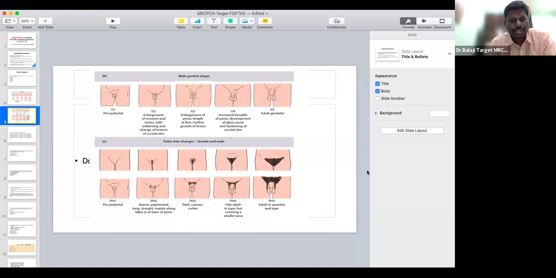If it is dark and coarser hair, then that will be PH3. Almost adult type, but only the area covered will be less. It doesn't go to the medial aspect, then that will be PH4, and PH5 will be adult in the quantity and the type.